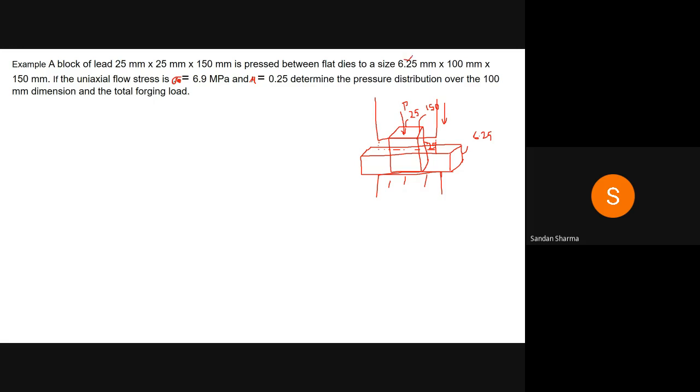Once you squeeze it, this length gets elongated, extended because of the transverse force. So it became from 25 to 100. Is that clear?